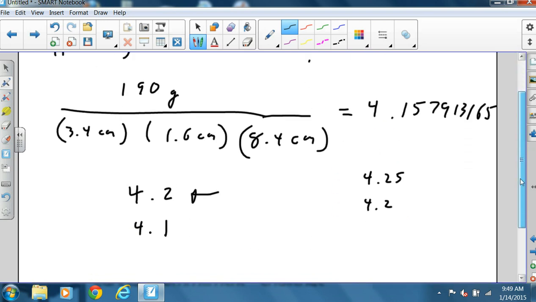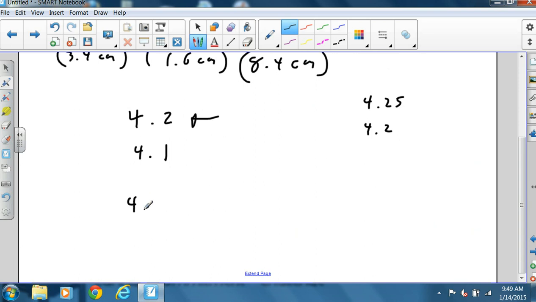Okay, so I'm calling the right answer 4.2 grams per centimeter cubed. Because there's also the minus 0.1 units grade if you left the units off. All right, back to the explanation.